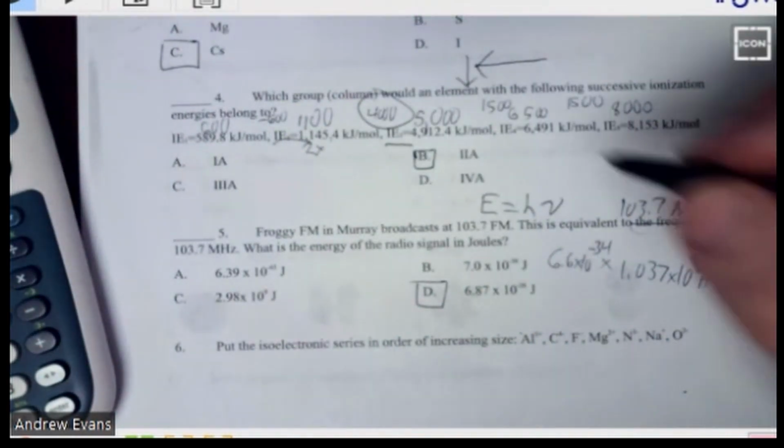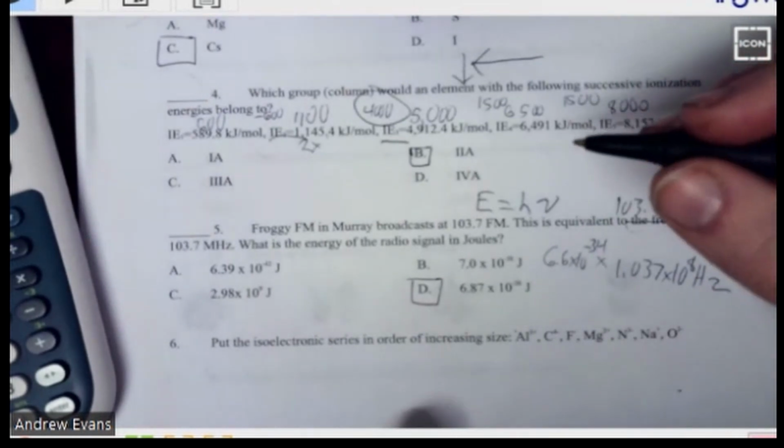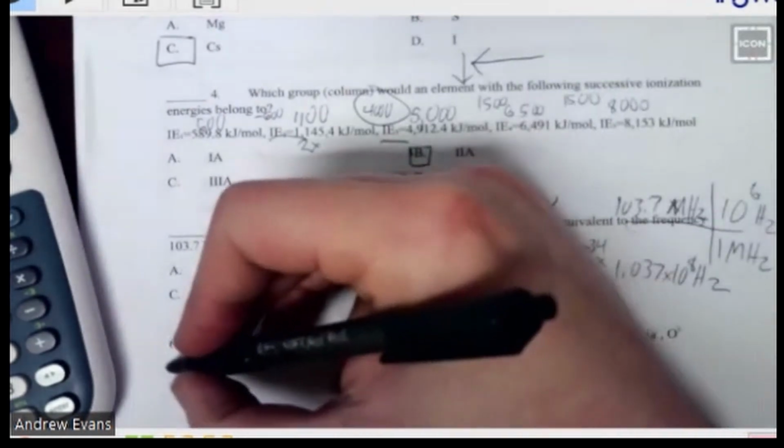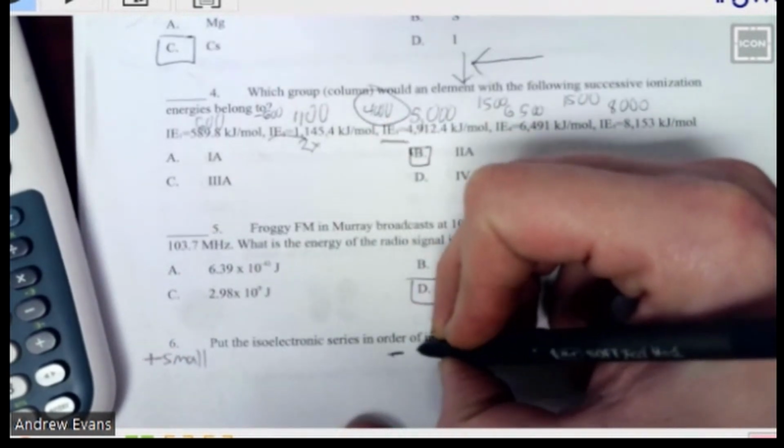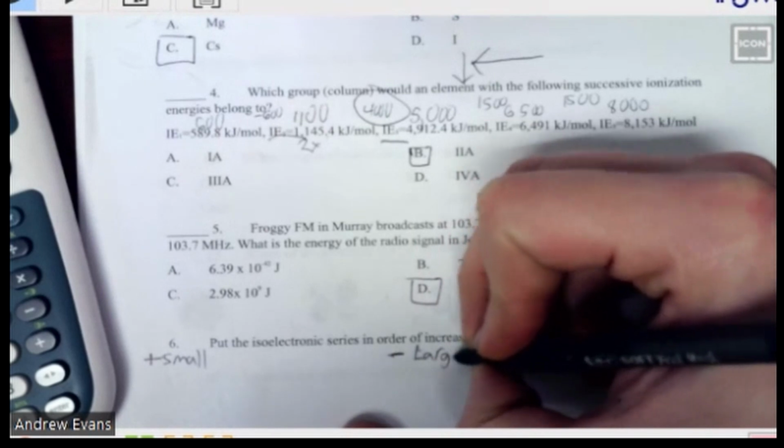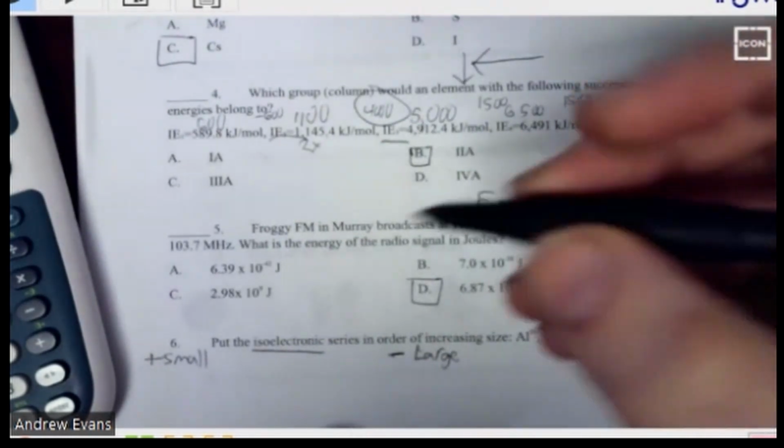Put these in isoelectronic order. The key here is increasing size. Most positive would be smallest. Most negative is largest. Isoelectronic means they have the same number of electrons.